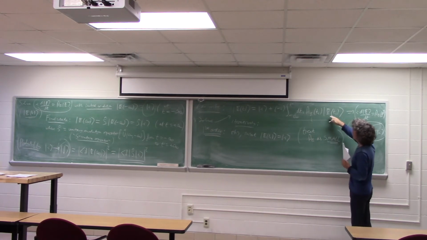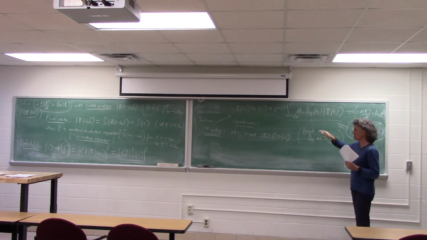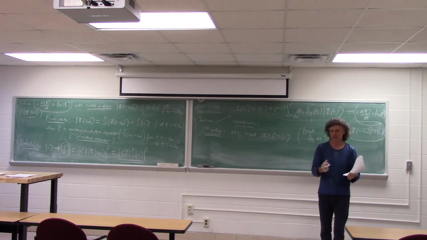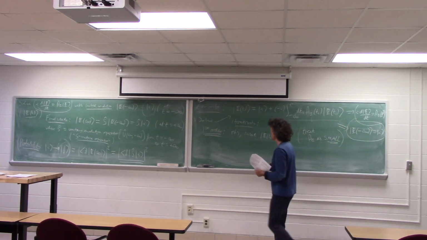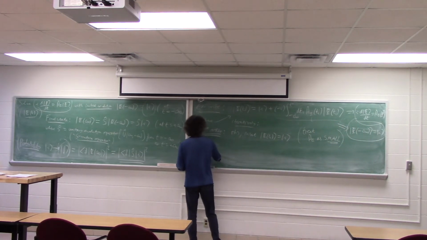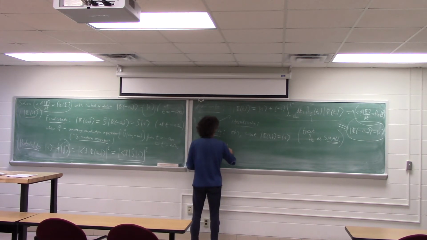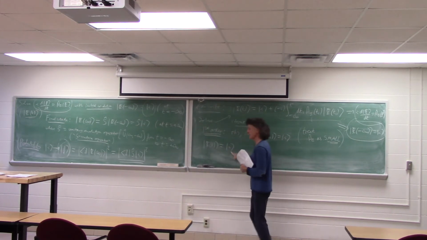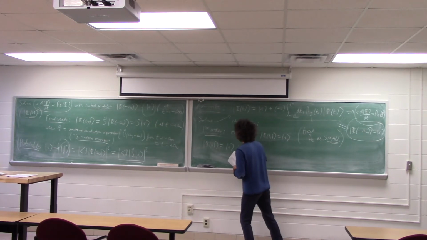So what I can imagine here is that the quantum state to 0th order is equal to its initial value plus small corrections.